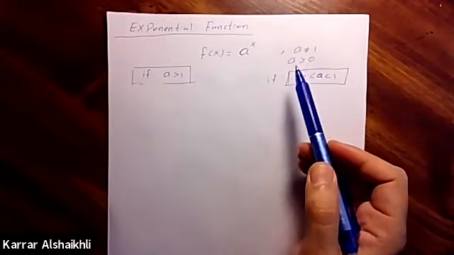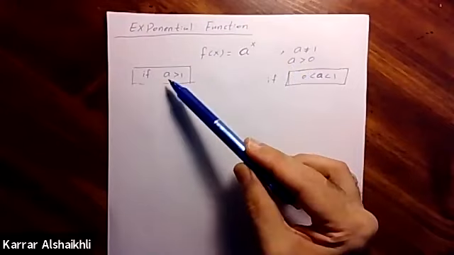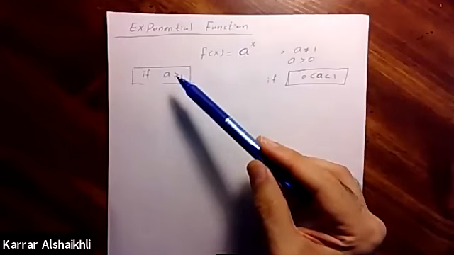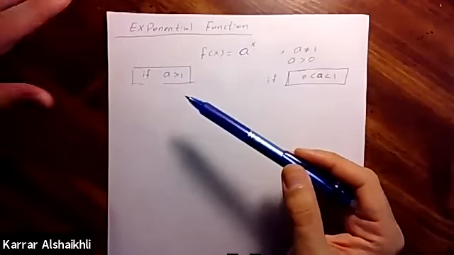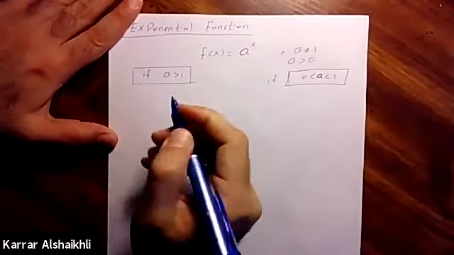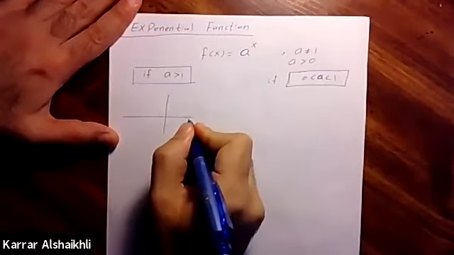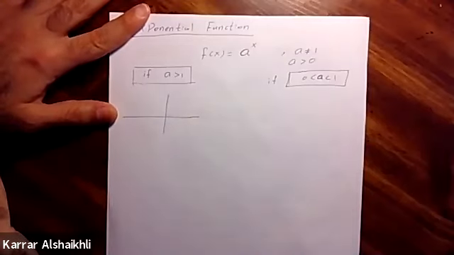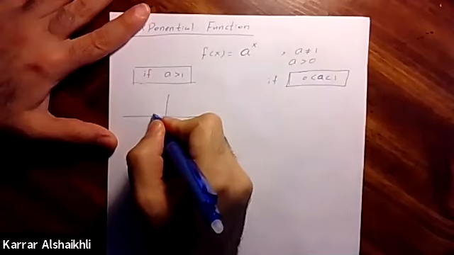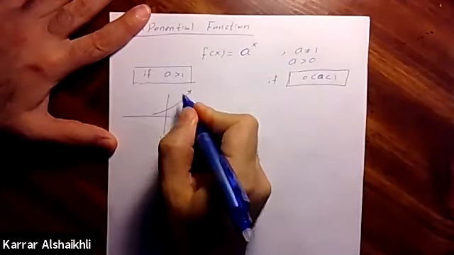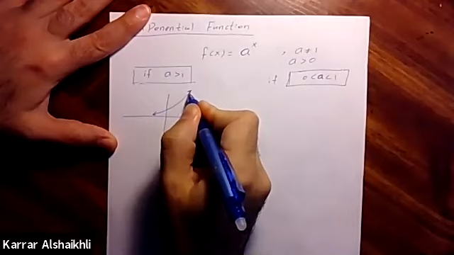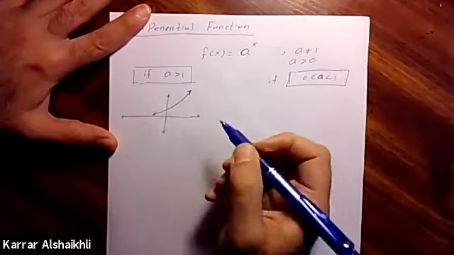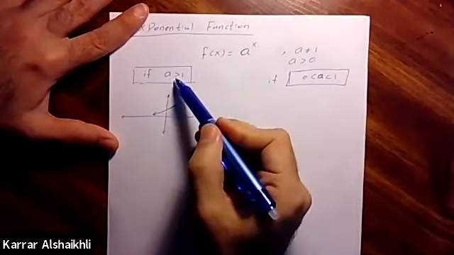Now, if a is greater than 1, when I want to graph it, my graph is supposed to look like this. This is if a is greater than 1.